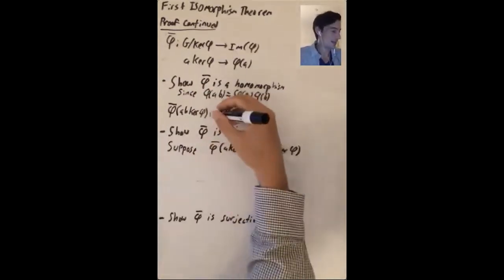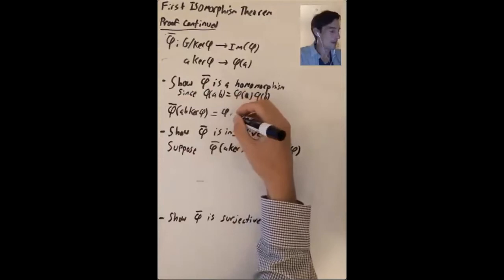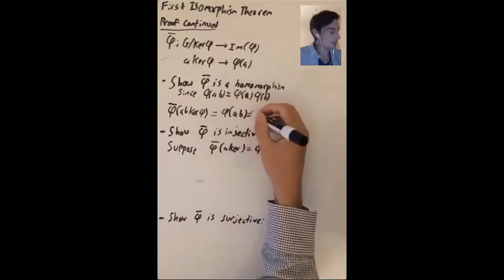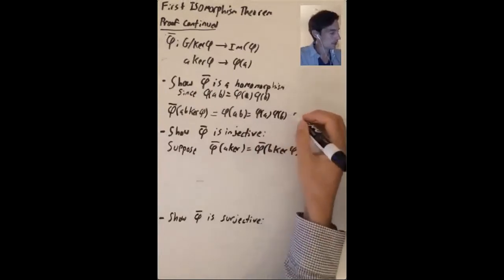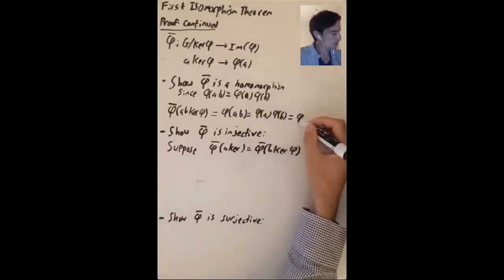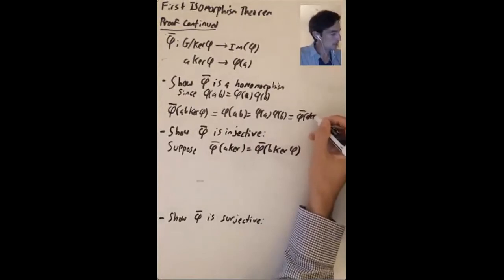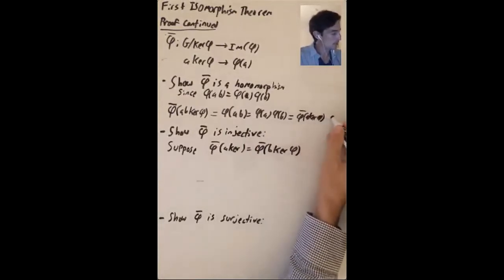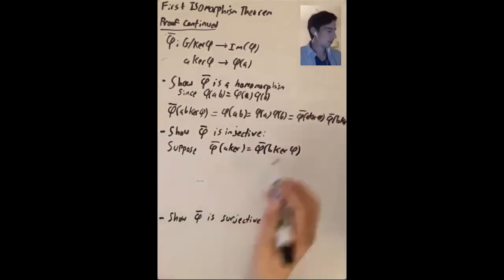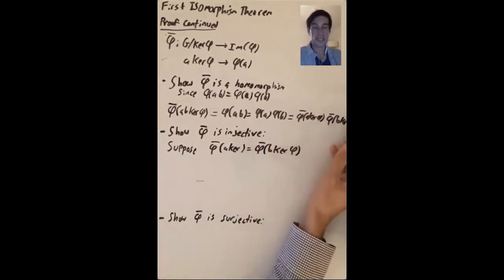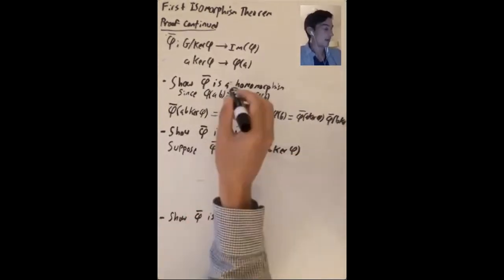And now we can just write it down. By the definition of the map, this is phi of AB, which is phi of A times phi of B because phi is a homomorphism, which is phi hat of the first coset A times the kernel, times phi hat of the second coset. So this is exactly what we need for phi hat to be a homomorphism.